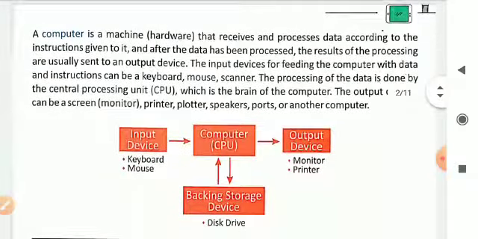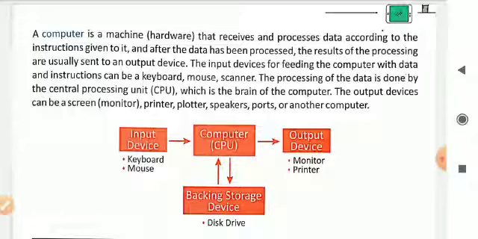A computer is a machine that receives and processes data according to the instructions given to it. After the data has been processed, the results are usually sent to an output device.